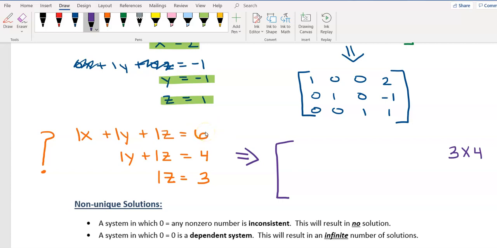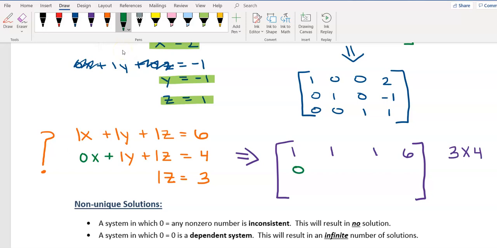So you certainly would need the 3 by 4 again in this particular case, but you're just not going to have values for all of your x's and your y's and your z's. So the first one would be 1, 1, 1, 6. Your second equation, because we don't have an x, you would just have a 0x. So let me go ahead and write that in.